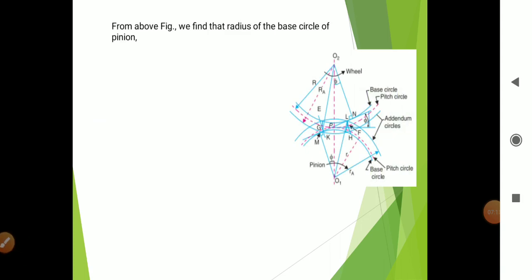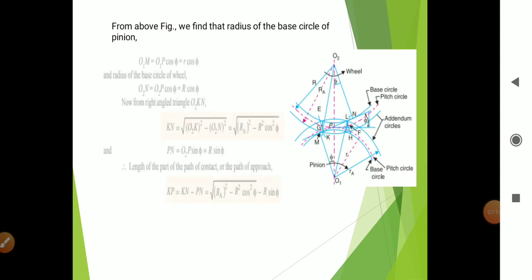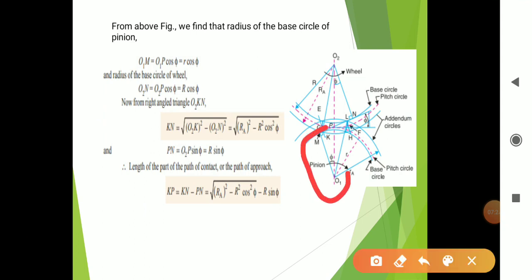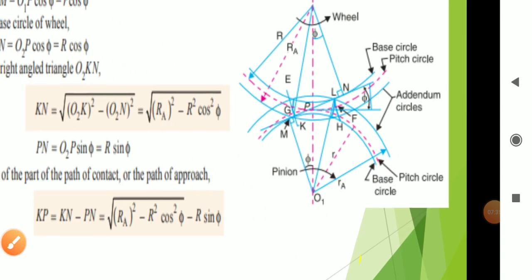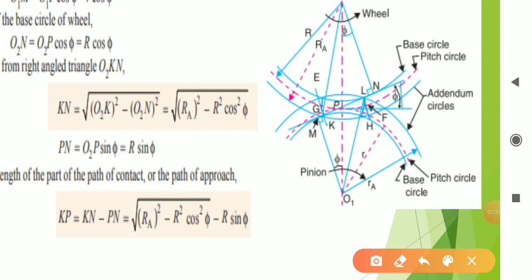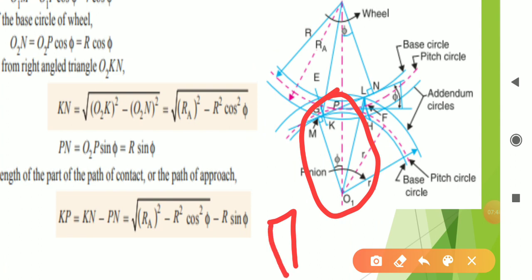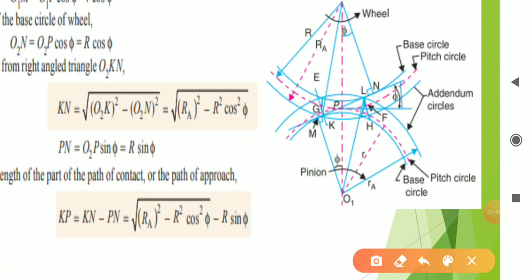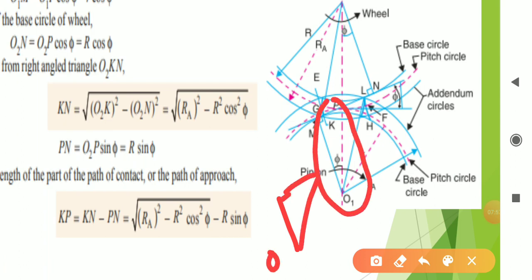So from the figure we find the radius of the base circle of the pinion. Now see here, O1M is nothing but O1P into cos of phi. Take this triangle: O1 will be here, M will be here and P will be here.